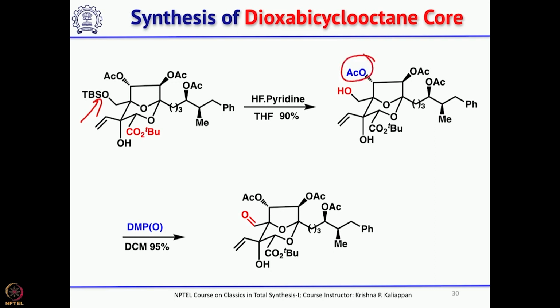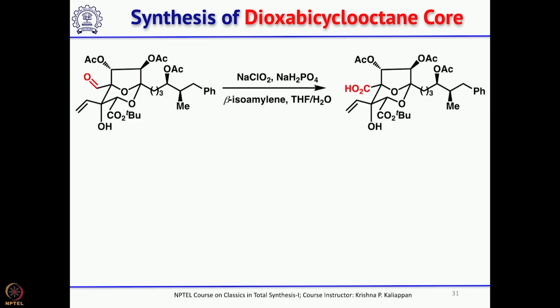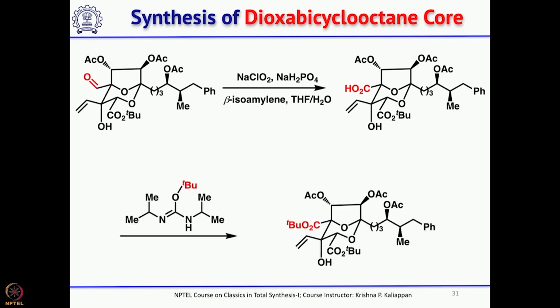And before that, this primary alcohol was oxidized under Dess-Martin periodinane condition to get the aldehyde, followed by Pinnick oxidation condition to get carboxylic acid. And that was again protected as tertiary butyl ester using the substituted urea derivative.